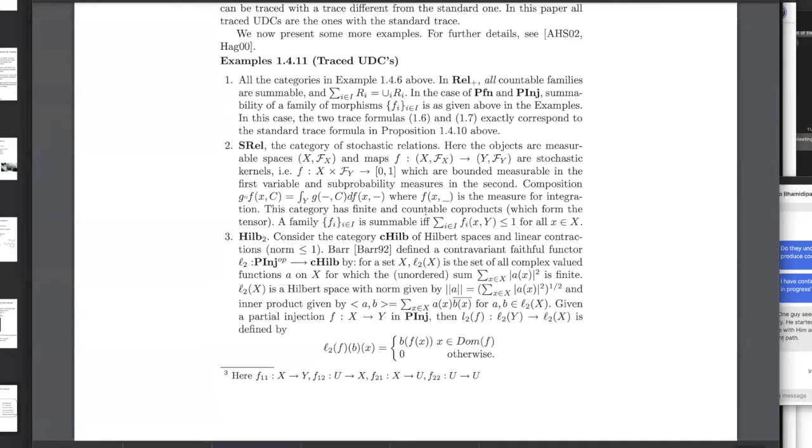Yeah. So if you recall, it all pieces together rather nicely.